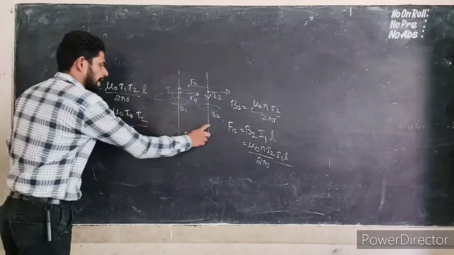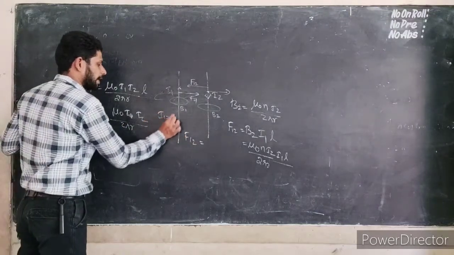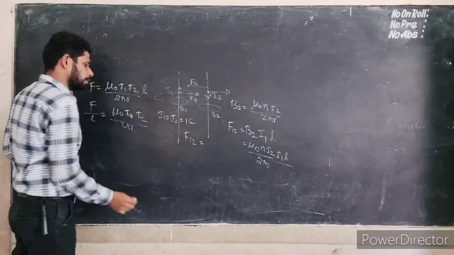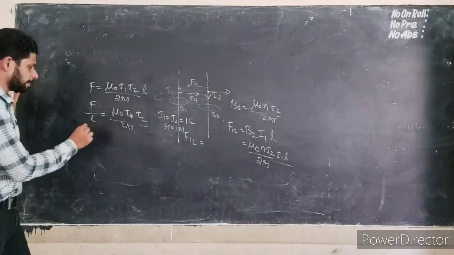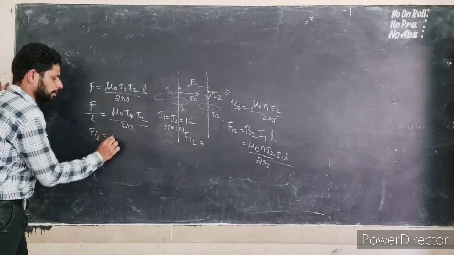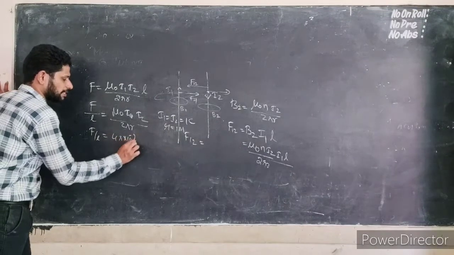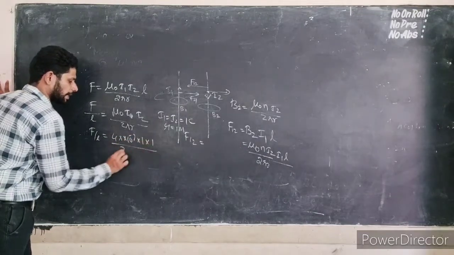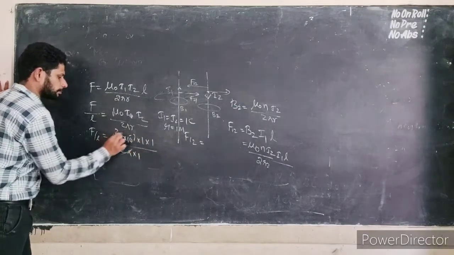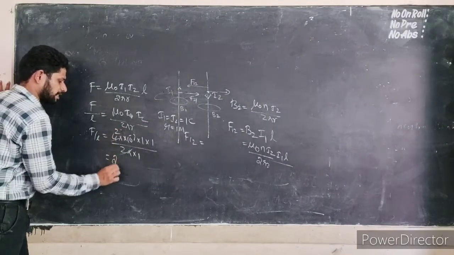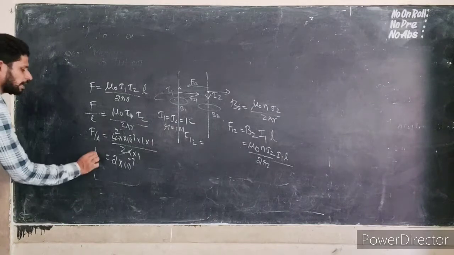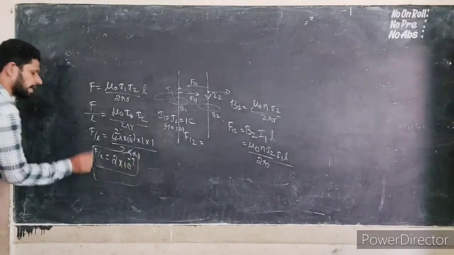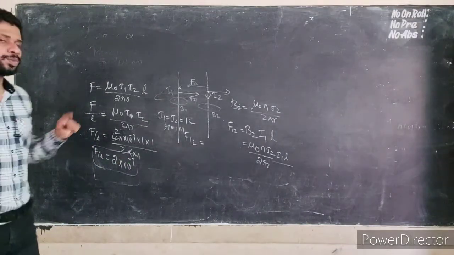When the two currents are I1 equal to I2 equal to 1 ampere and they are separated by a distance of 1 meter, the force per unit length is 4 pi into 10 power minus 7 into 1 into 1 divided by 2 pi into 1. So it experiences a force of 2 into 10 power minus 7 per unit length.